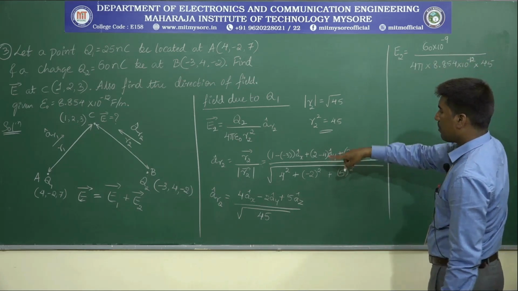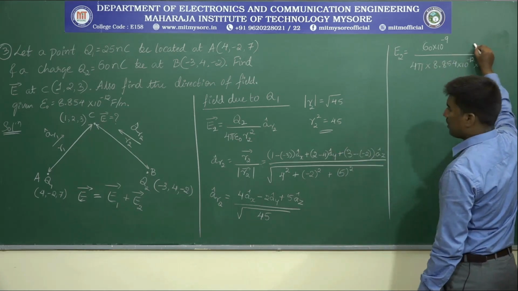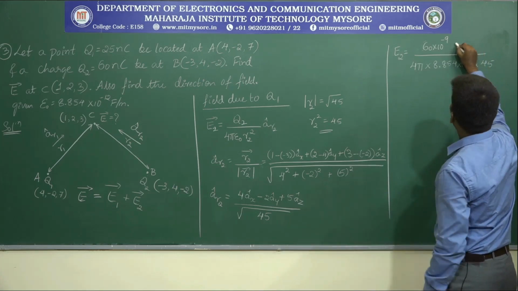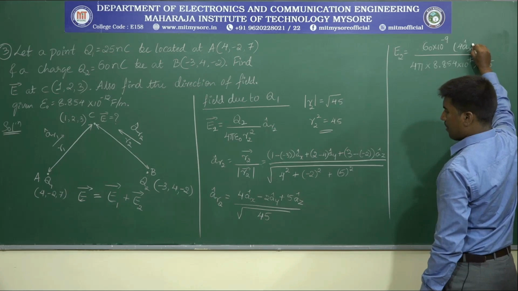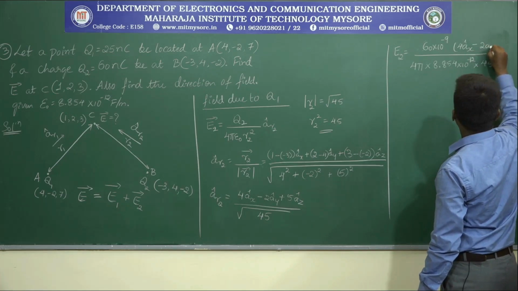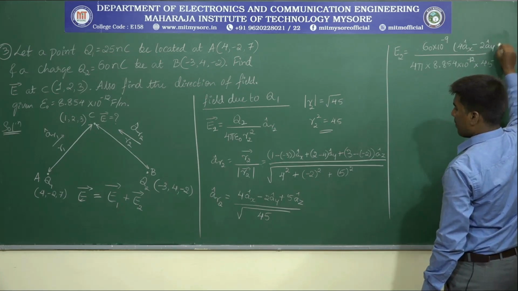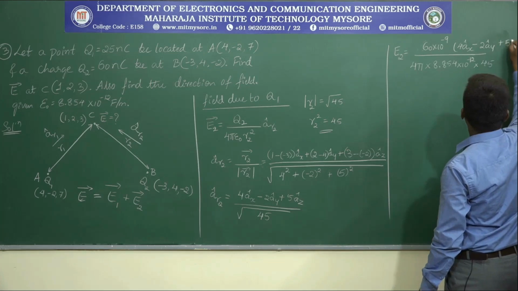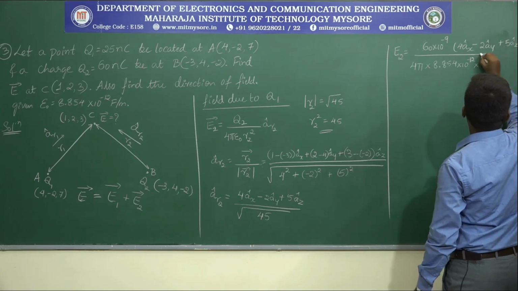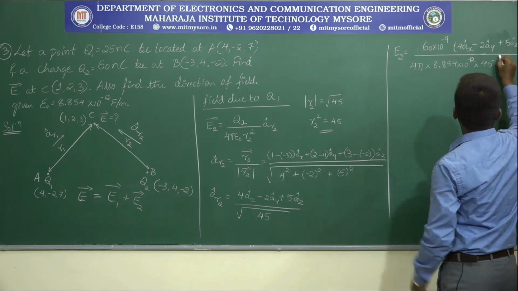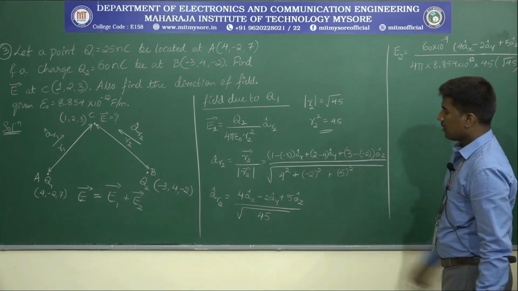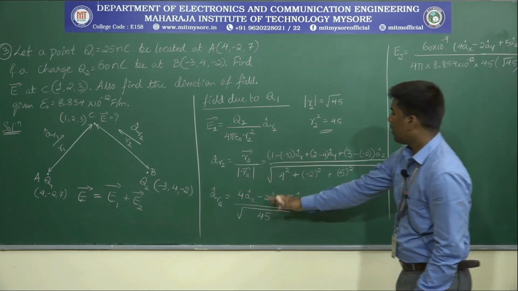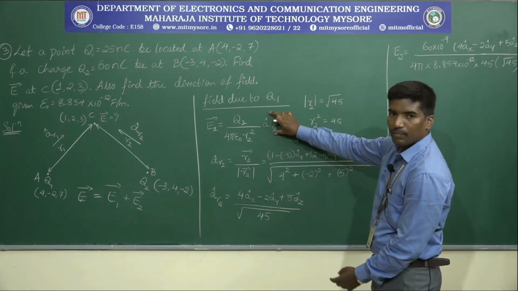What is the value of A cap R2? A cap R2 is 4 A cap x minus 2 A cap y plus 5 A cap z divided by root 45. This value is to be substituted here, okay.